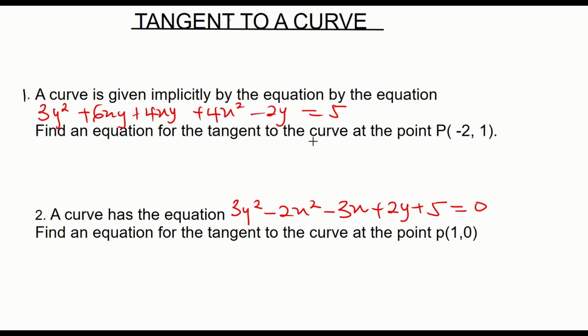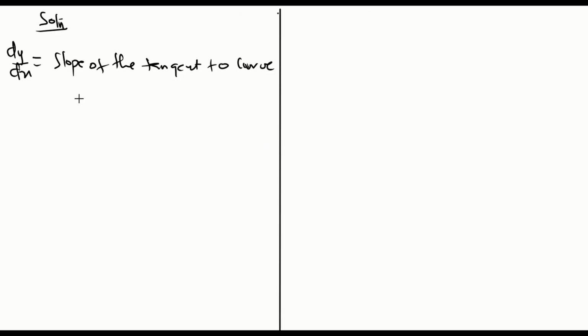So we're now going to put our equation over here, where the function is given to us as 3y squared plus 6xy plus 4x squared minus 2y equals 5.